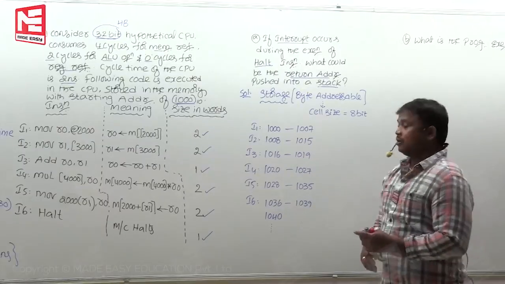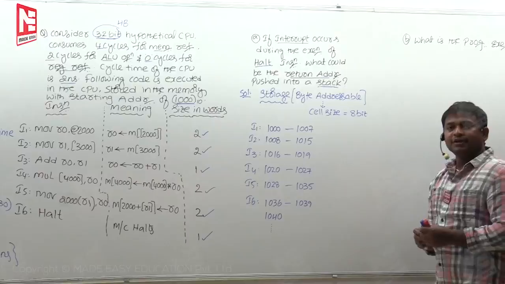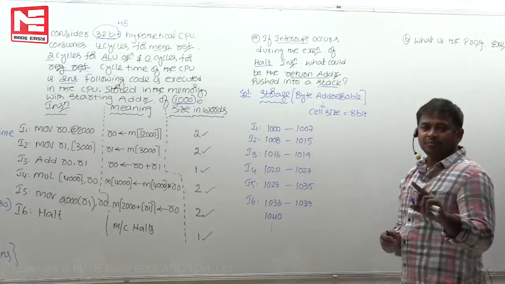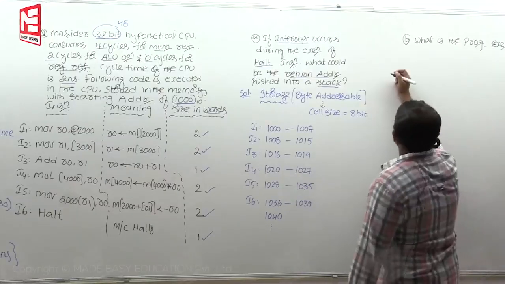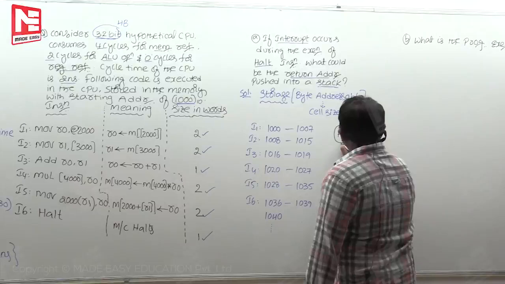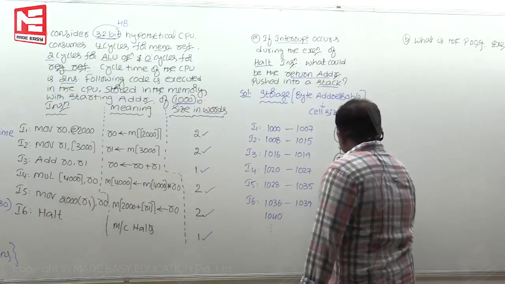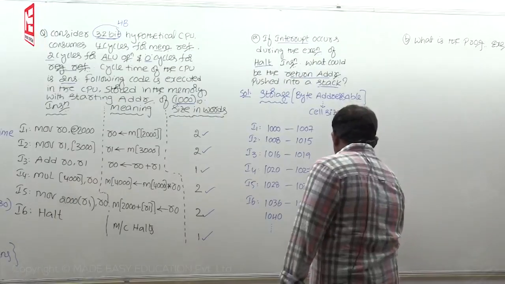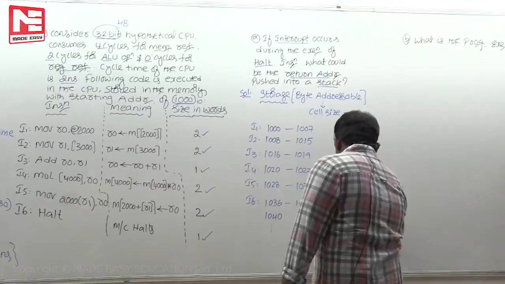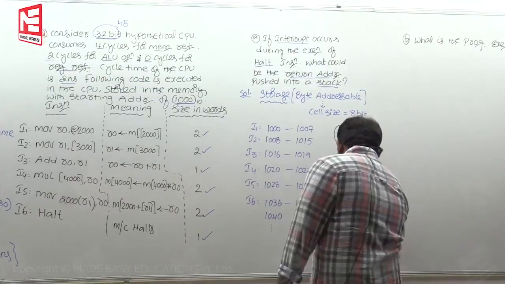Is it okay? Now we are going to solve the question. The interrupt occurred during the execution of halt. Now we need to take the interrupt execution process. Here it is the fetch cycle. After the fetch cycle comes the execution cycle. After the execution cycle, we check for interrupts. If an interrupt is present, then service the interrupt.